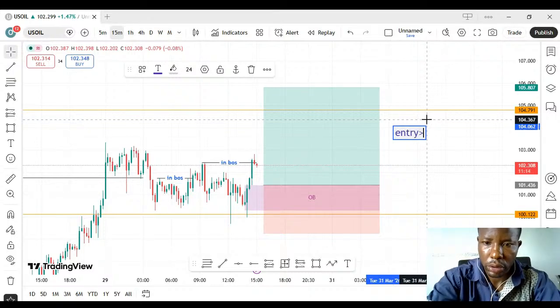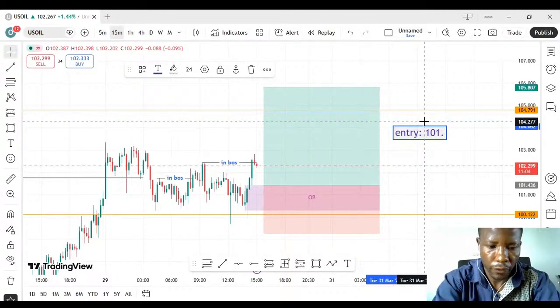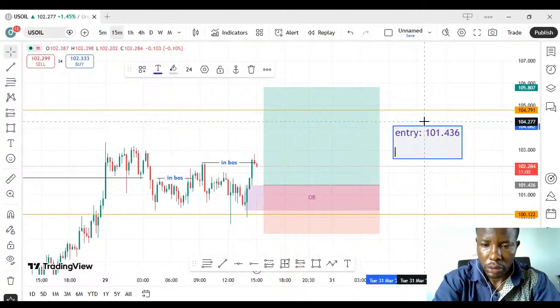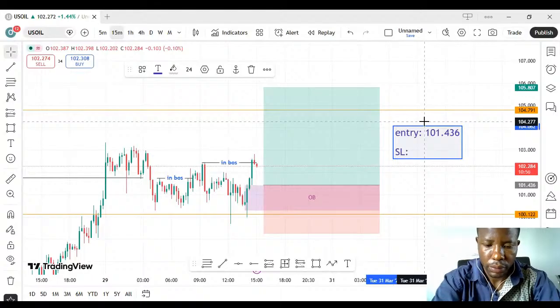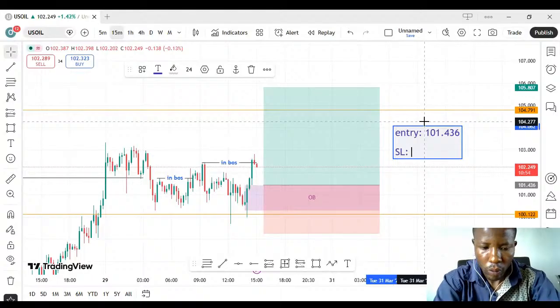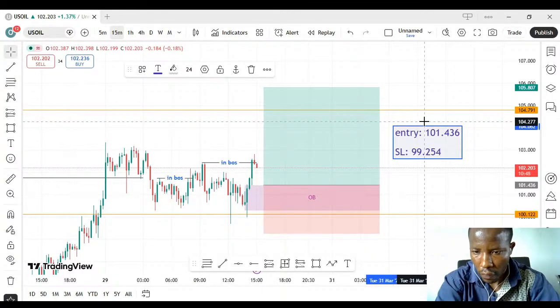We can join at 101.436. Stop loss is at 99.254.